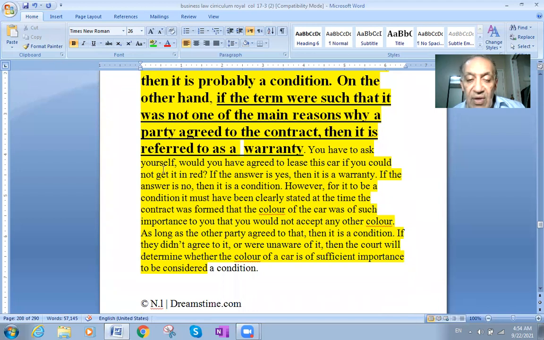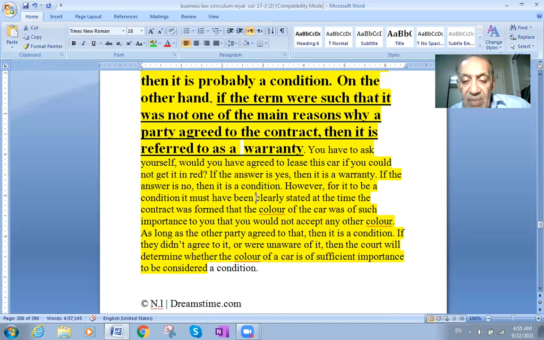Okay, you have to ask yourself, would you have agreed to lease this car if you could not get it in red? If the answer is yes, then it is a warranty. If the answer is no, then it is a condition.